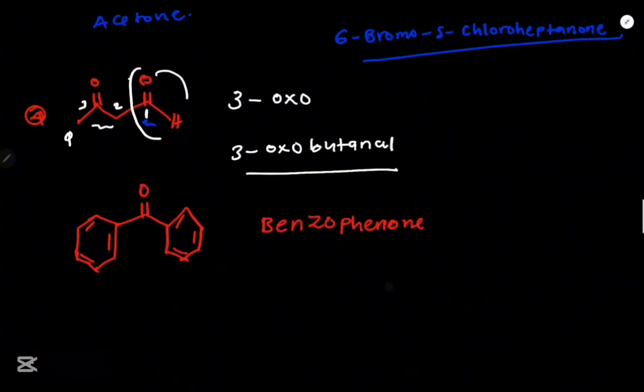Last time we said if you have a side group like this one, it is called a phenyl. So if you check here, we have 2 of these phenyl side groups here and this side.